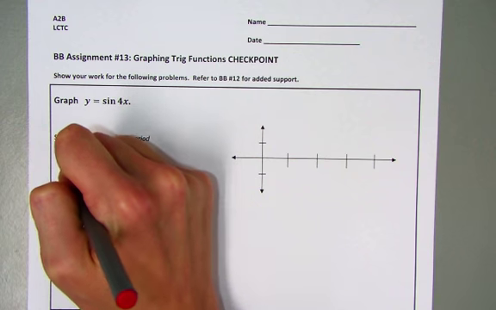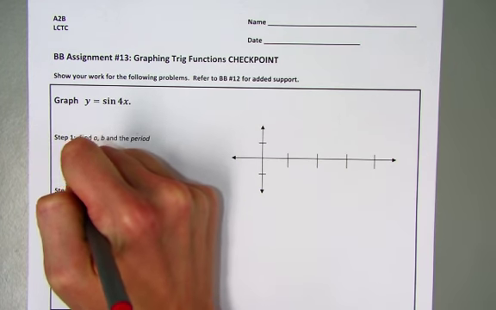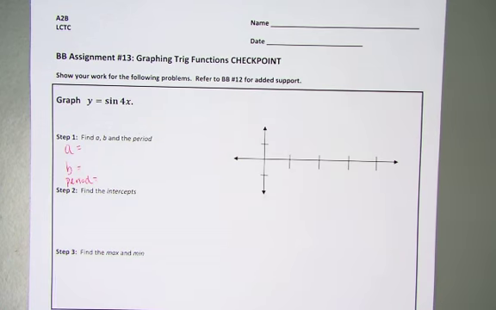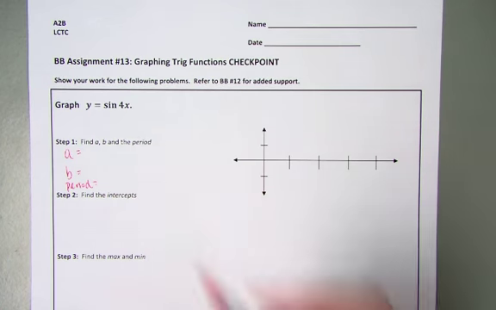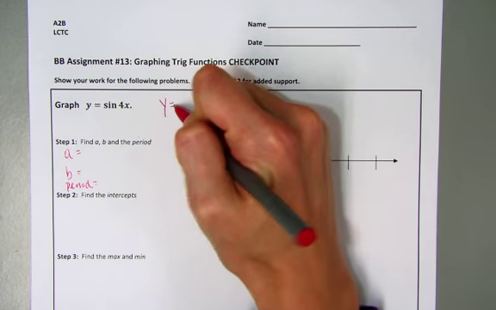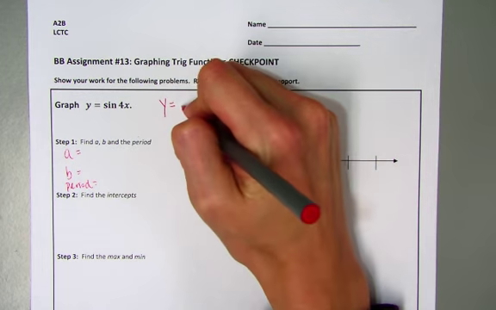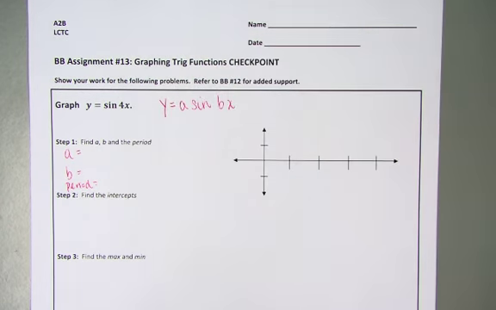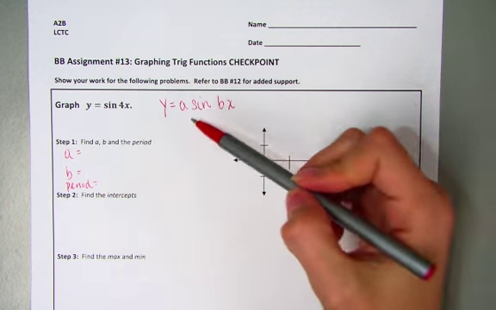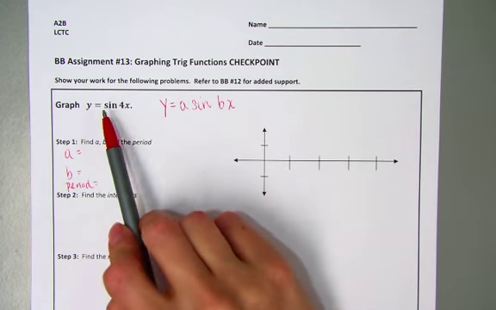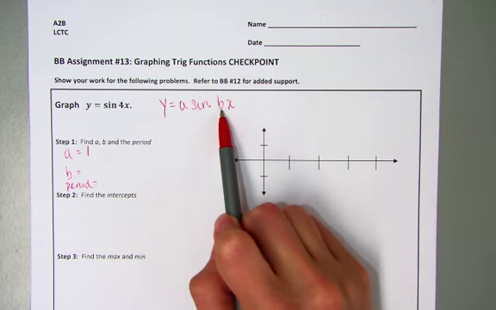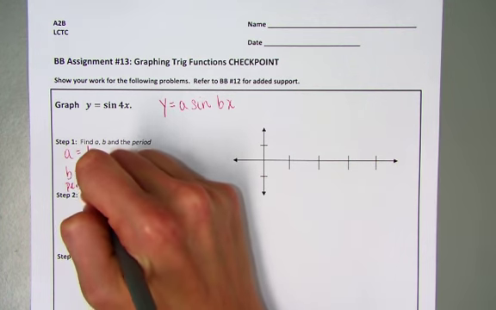So to find a, b, and the period, we need to remember back to what the general sine function is. Our general sine function is just like our general cosine function, which has a before our sine and b before our x. So a, in this case, since we have no number in front of sine, is just 1. Our b value in this case is 4.